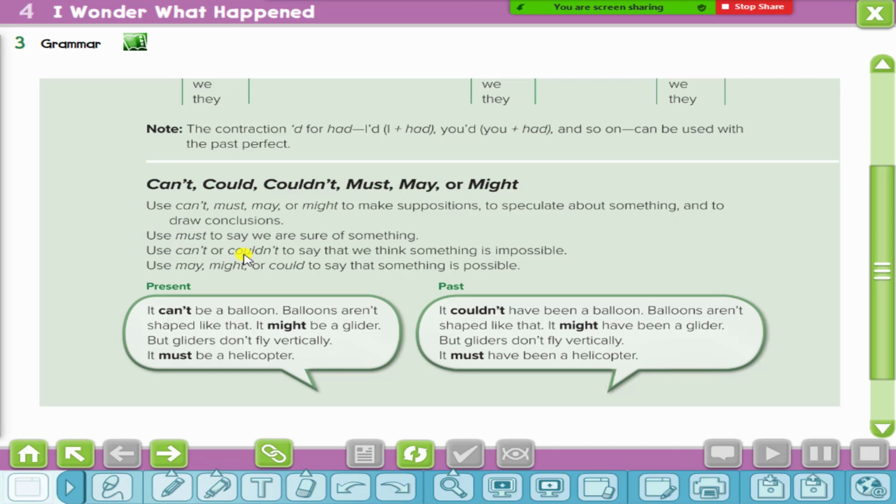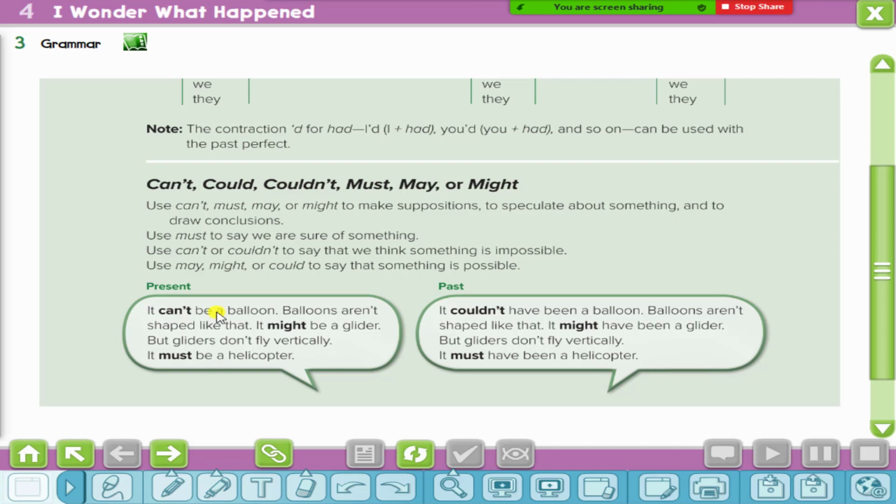Use can't or couldn't to say that we think something is impossible. Use may, might, or could to say that something is possible. In the present we use the base form after can, can't, could, couldn't, must, may, or might.